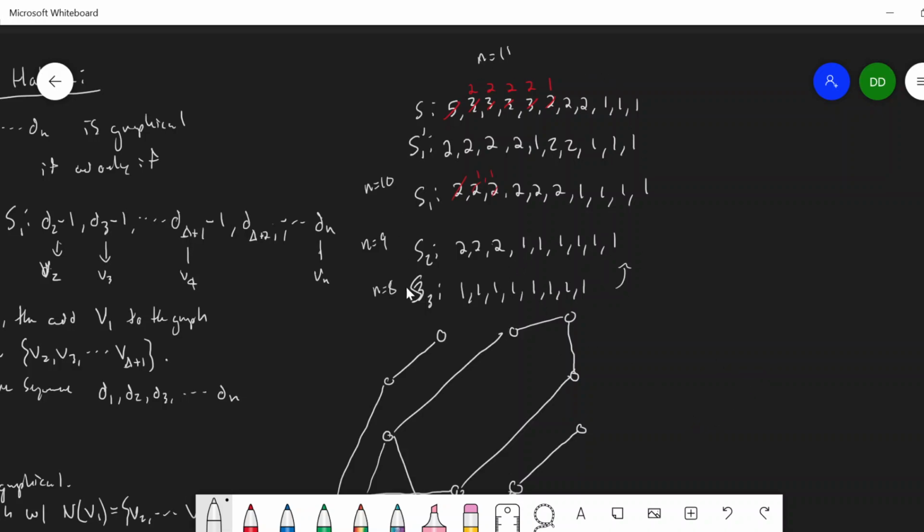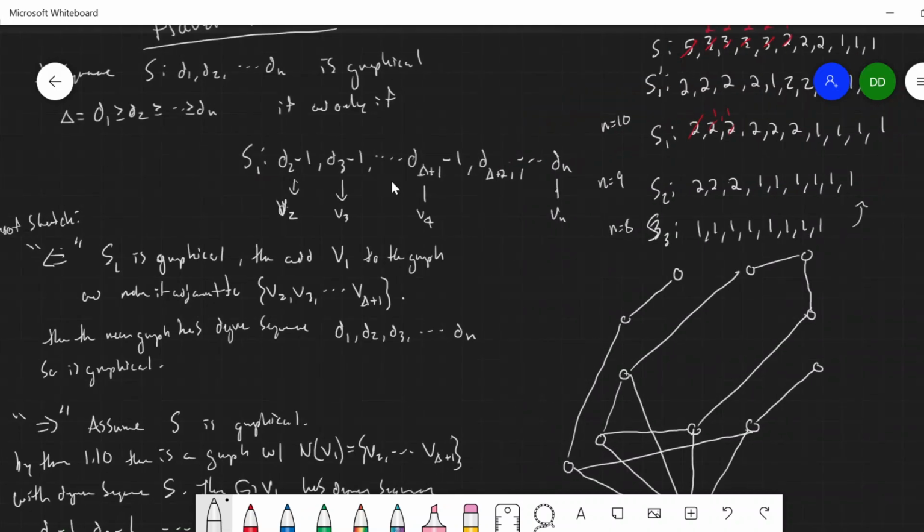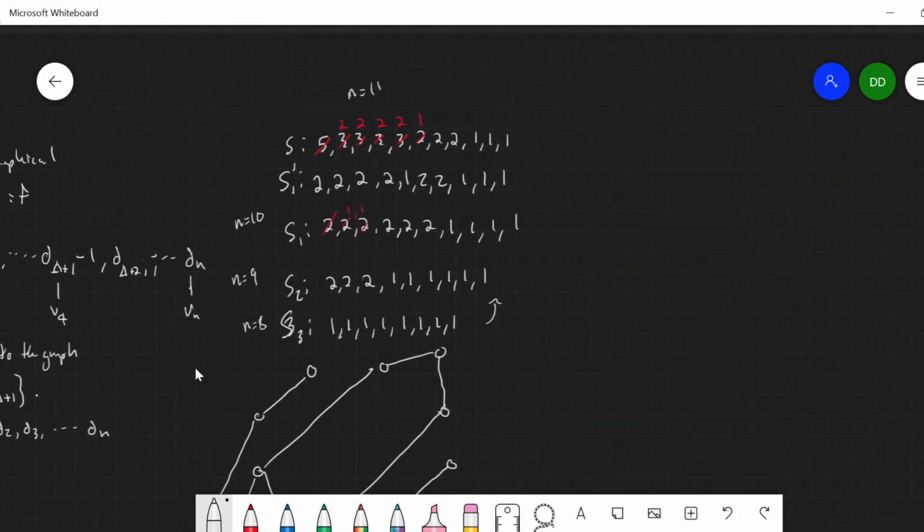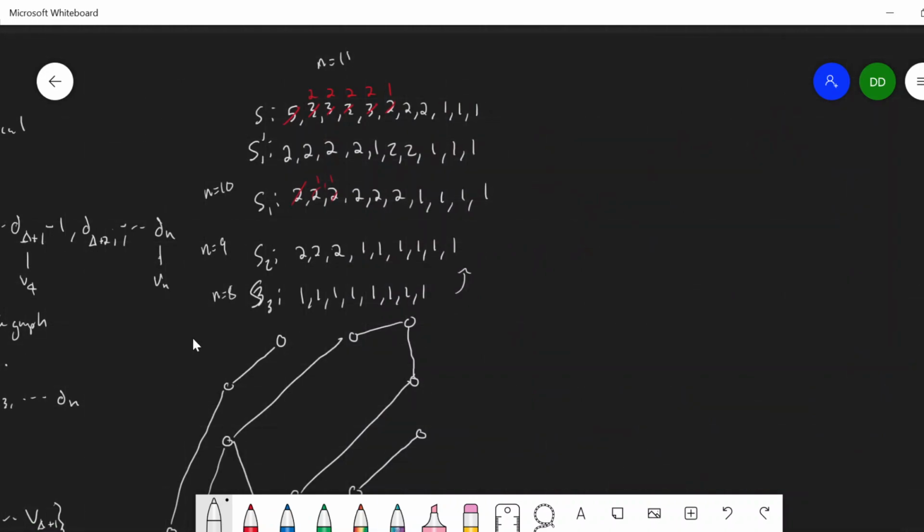You can also use this to show that a sequence is not graphical, because this is if and only if. You would eventually get down to a sequence that you know isn't the degree sequence of any graph. All right, that's it for this one.